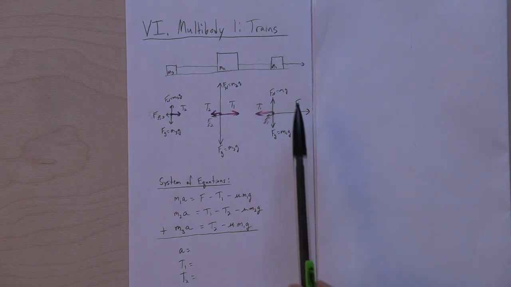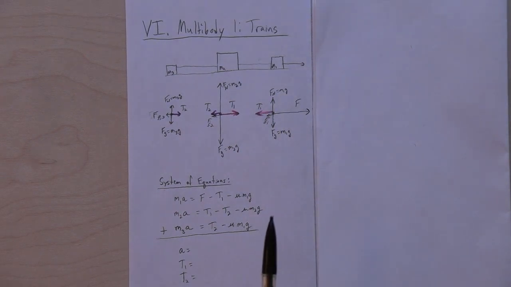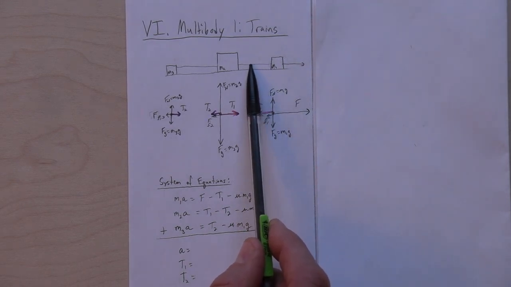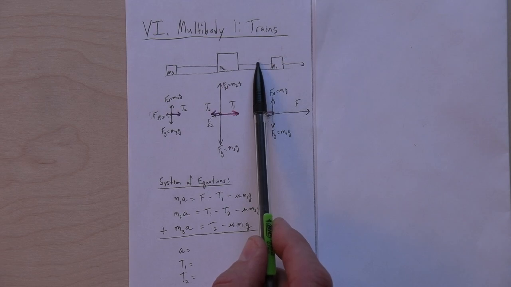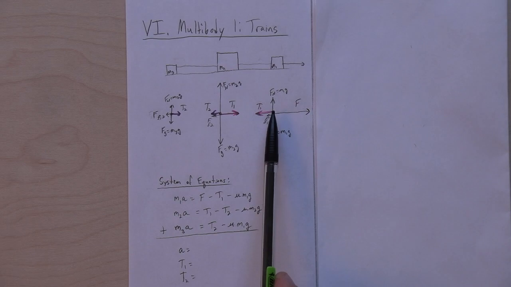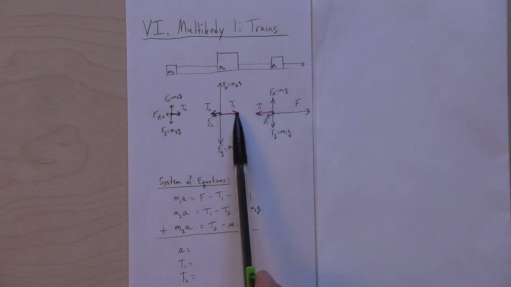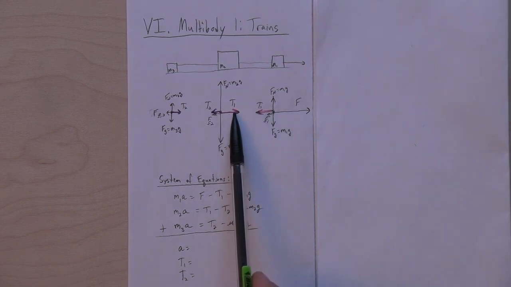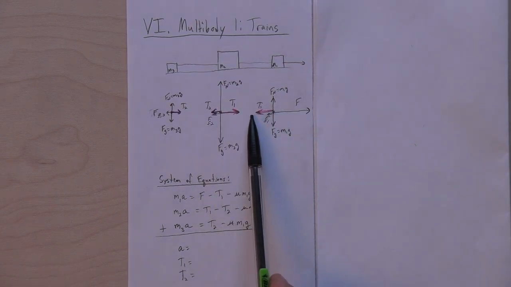Now, obviously I'm pulling the train forward with this F. So this block 1 accelerates forward, and then suddenly this cord becomes tight. And that then results in block A, maybe I'll put, or block 1, pulling block 2 forward. We don't know what that force is, so I'm just going to call it T1. But Newton's third law, A pulls B forward, B pulls A right back.